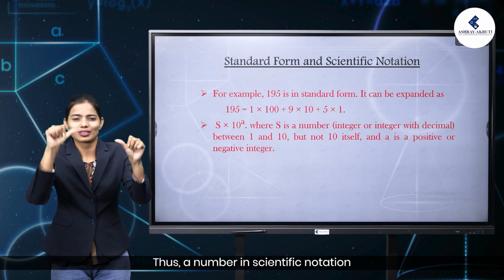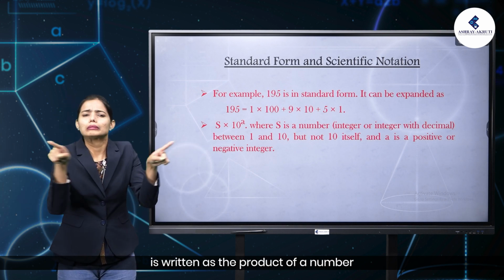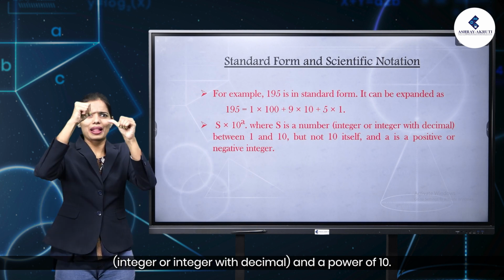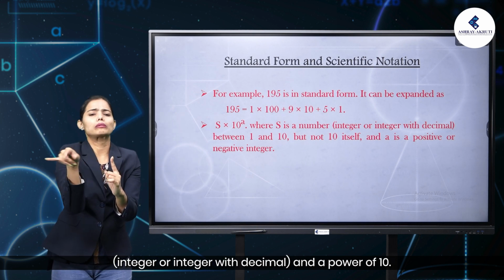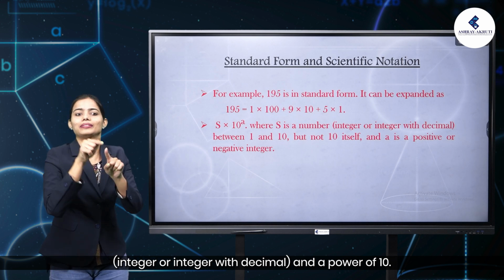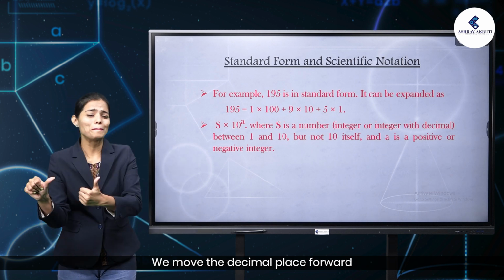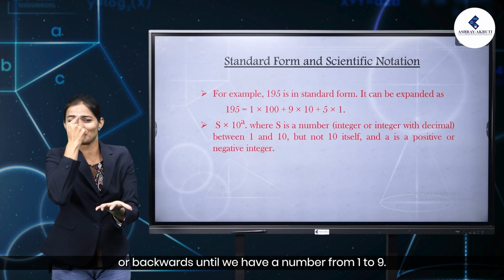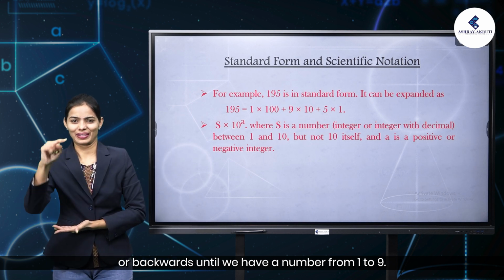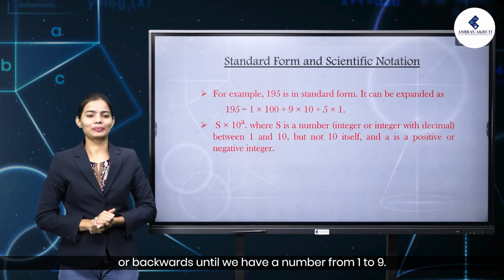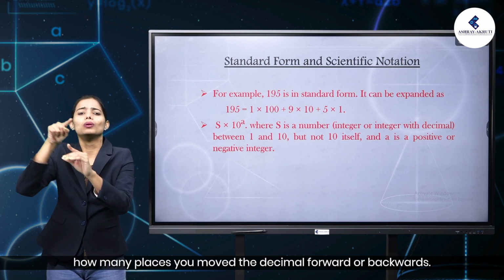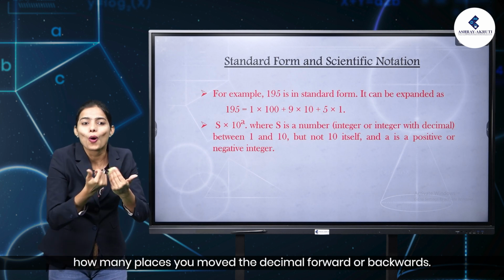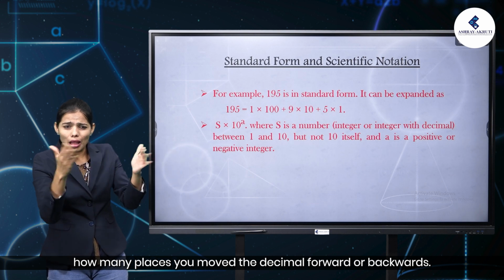Thus, a number in scientific notation is written as the product of a number and the power of 10. We move the decimal place forward or backwards until we have a number from 1 to 9. Then we add a power of 10 that tells how many places you move the decimal forward or backwards.